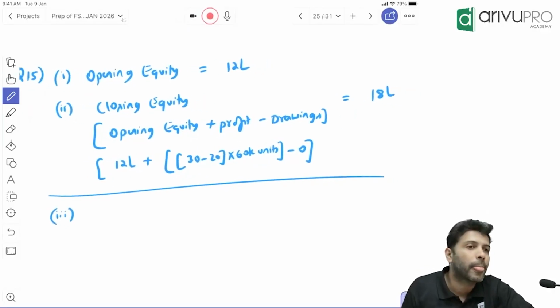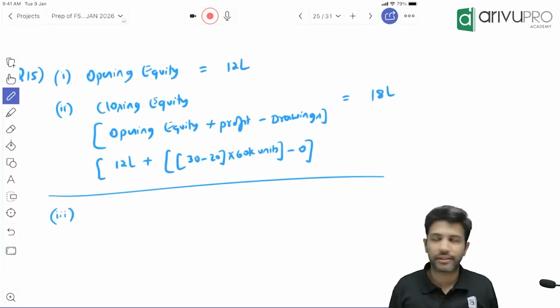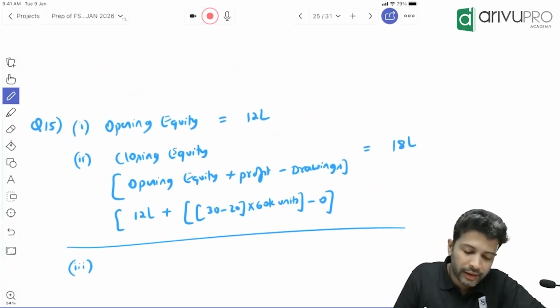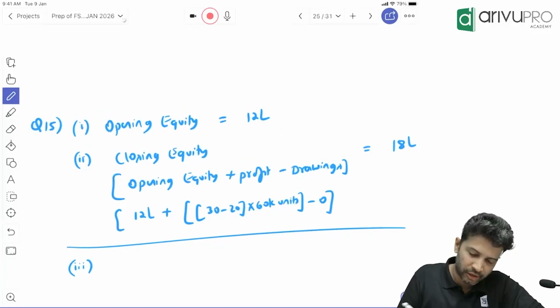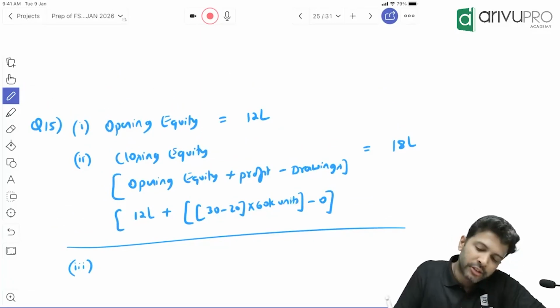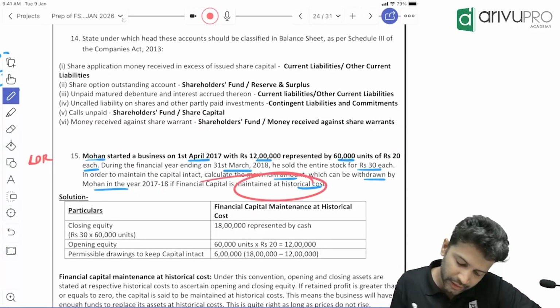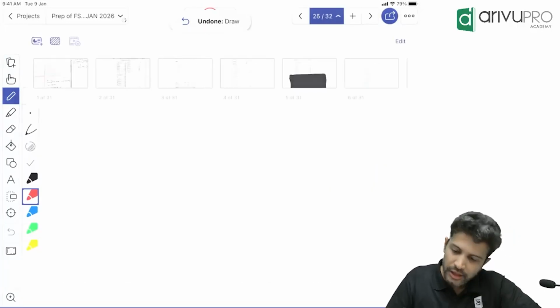All good, everybody? Now, check the screen. Sir, you are maintaining financial capital under what method? Historical cost method.